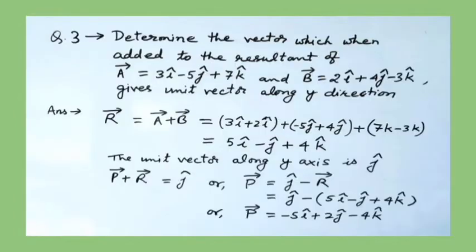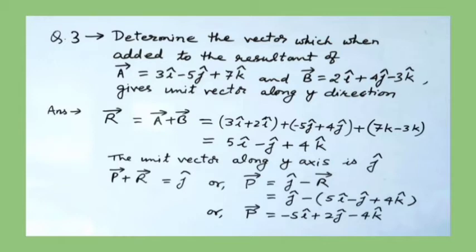Another question is, determine the vector which, when added to the resultant of vector A, which is equal to 3i minus 5j plus 7k, and vector B, which is equal to 2i plus 4j minus 3k, gives the unit vector along y direction.